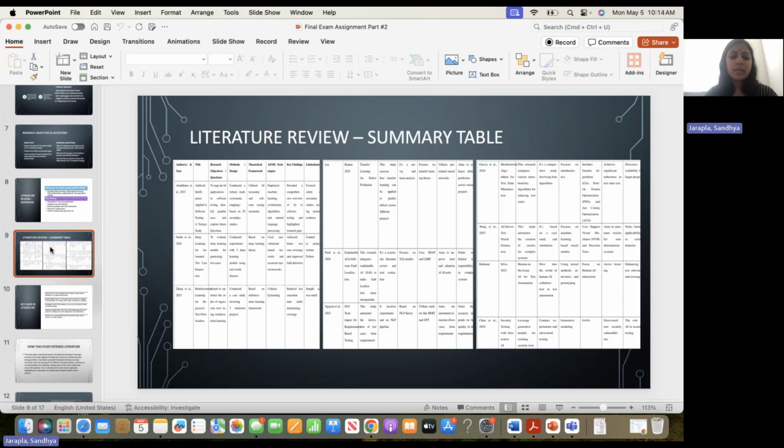This is the summary table which categorizes the research by technique and application area, the findings, and the limitations in those papers. I have listed out at least 10 papers which gave me a rough idea to work on my paper.